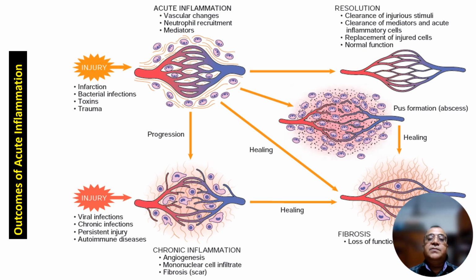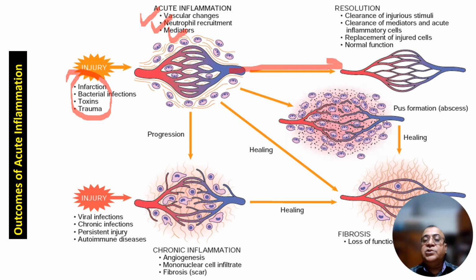So if the injury that is the cause of this inflammation is infarction, bacterial infection, toxins or trauma, there will be acute inflammation marked by vascular changes and recruitment of neutrophils in the presence of many mediators. This acute inflammation can have three major outcomes.